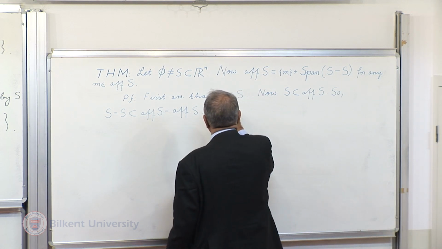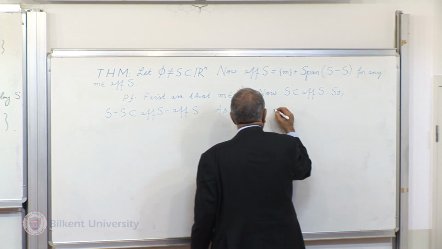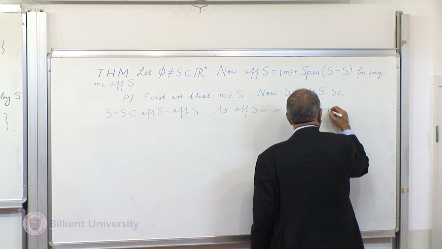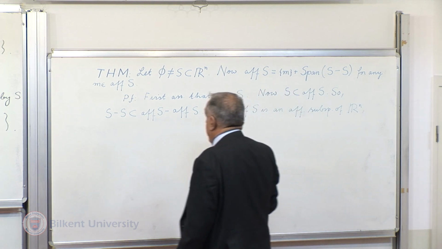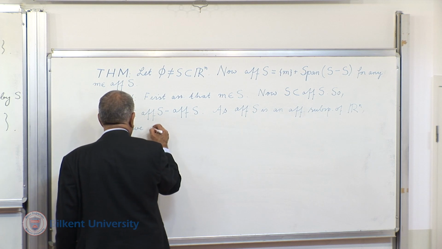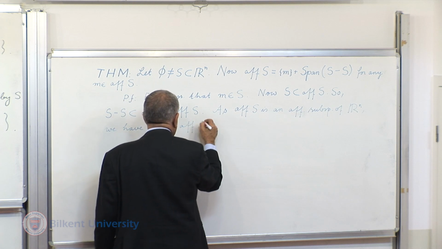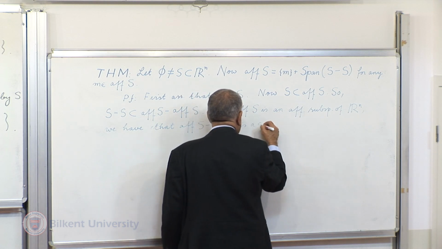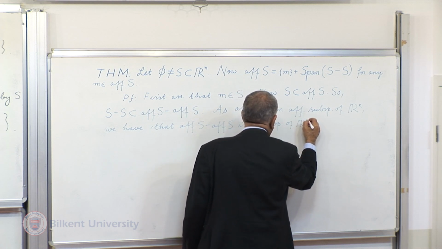As affine hull of S is an affine subspace of Rn, we have that affine hull of S minus affine hull of S is a subspace of Rn.